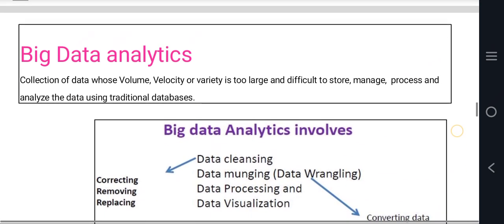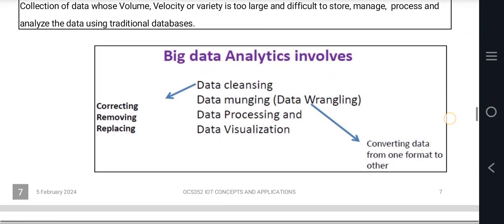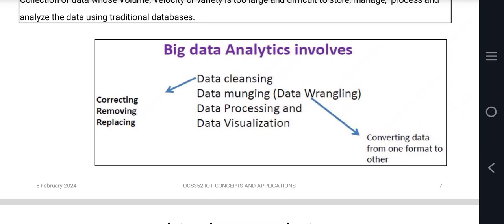The third one is big data analytics. Big data analytics is nothing but a collection of data which consists of huge volume, velocity or variety. They are very large as well as difficult to store, manage and process, and not only that, to analyze the data using traditional databases, which involves data cleansing, which is nothing but correcting the data.